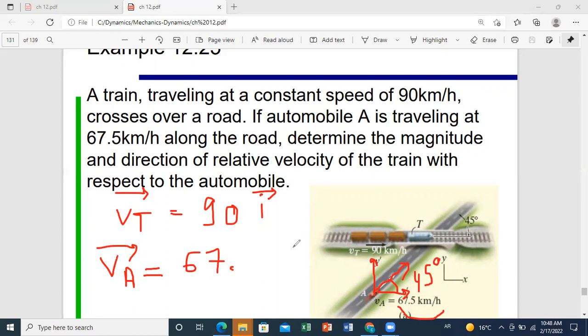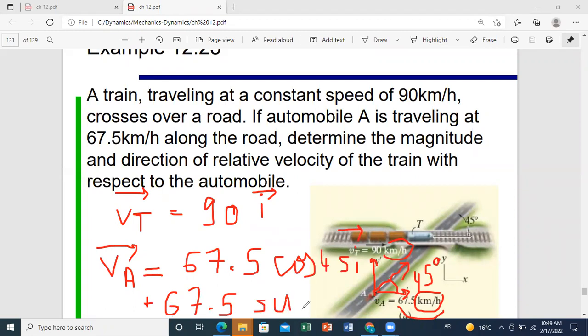No need to change units because both velocities are given in kilometers per hour, so your final result will be in kilometers per hour. But if units are different, you should convert to one common unit. So you have 67.5 times cosine 45 along I plus 67.5 times sine 45 along J.